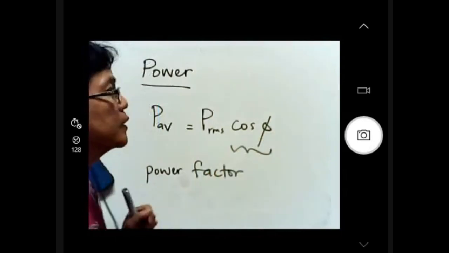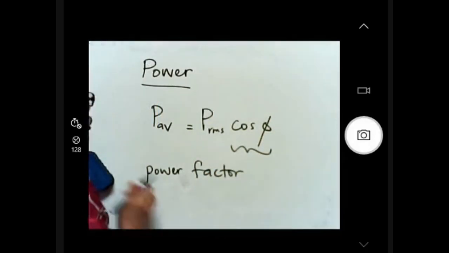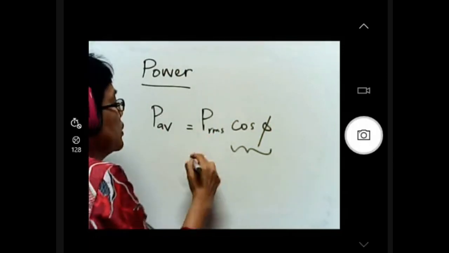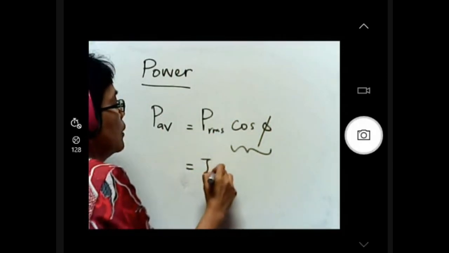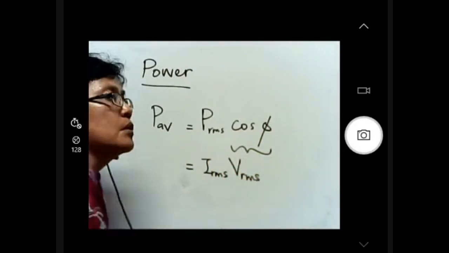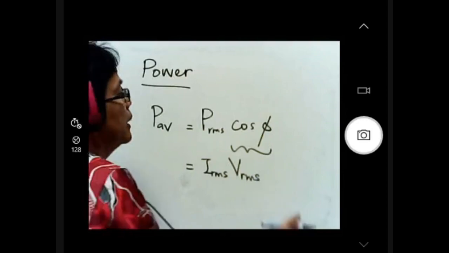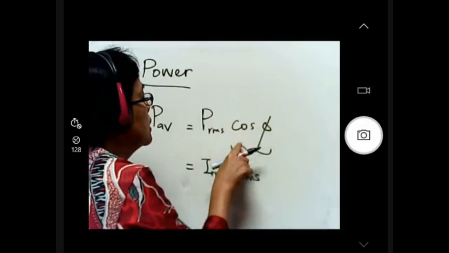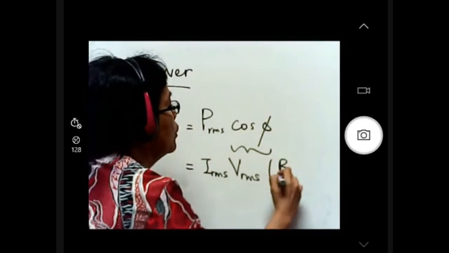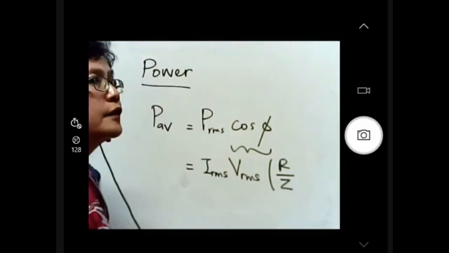So let us analyze. This will be IRMS multiplied with VRMS. So remember that cos phi can be written in terms of R over Z using the phasor diagram.